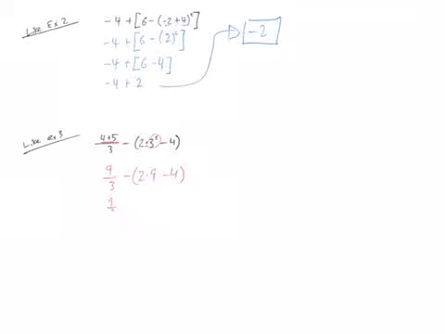So 9 over 3 minus 2 times 9 is 18 minus 4. 9 over 3 minus 18 minus 4 is going to be 14. Now let's do some division here. 3 minus 14 is going to be like 14 minus 3, which is 11. Keep the sign of the bigger one. So negative 11.